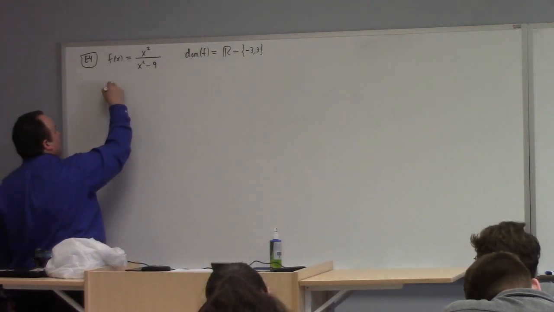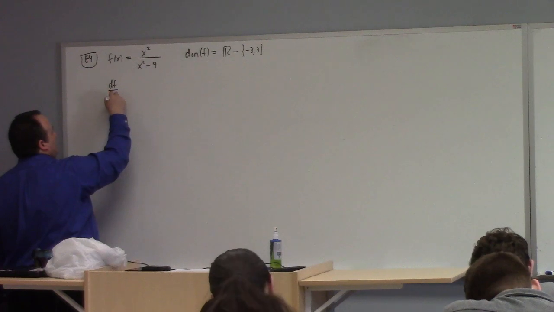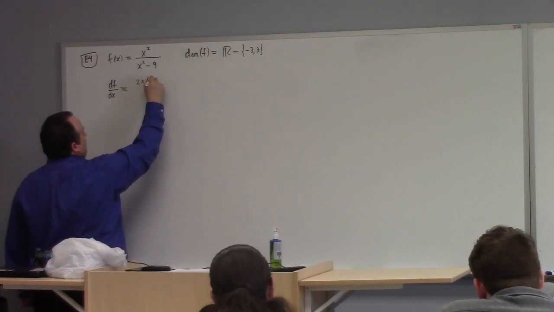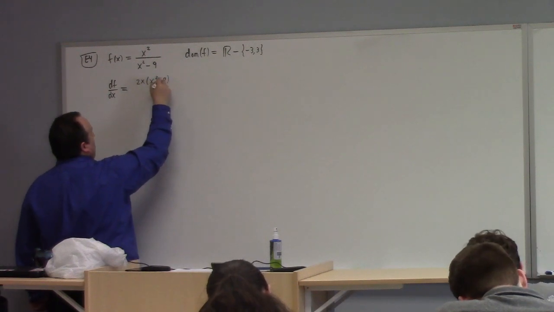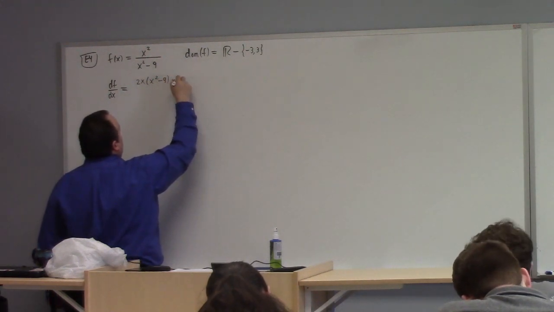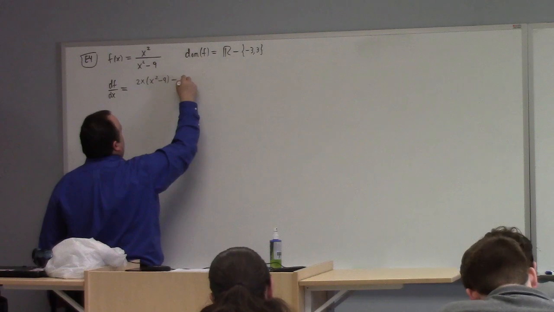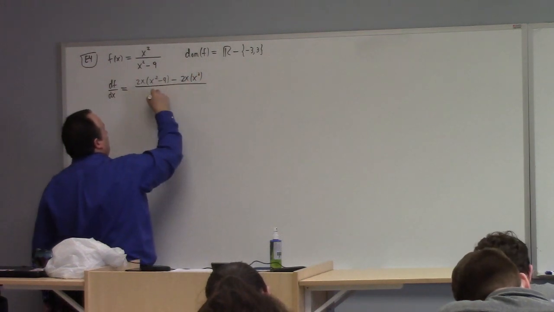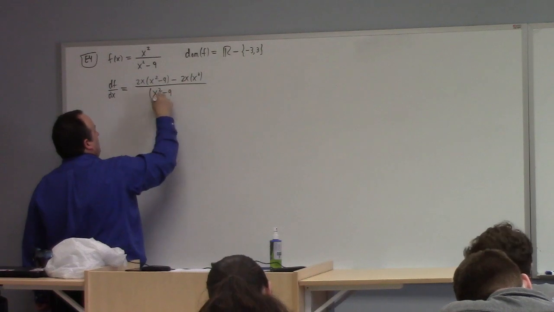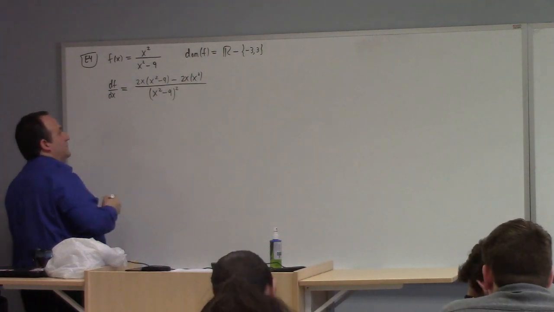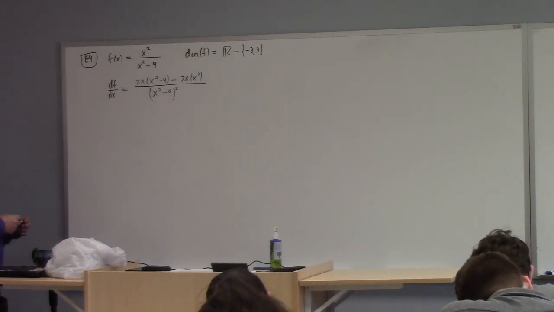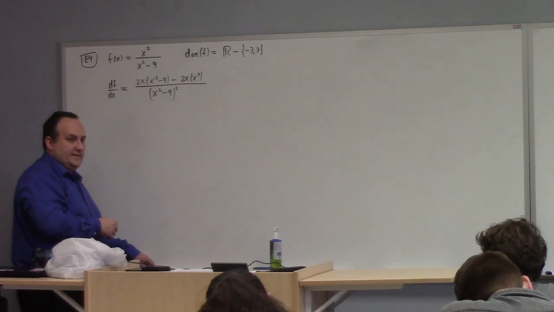Of course, those are vertical asymptotes. So what's df dx? Here df dx would be 2x times x squared minus 9 minus 2x times x squared, divided by x squared minus 9 squared, by the quotient rule. Oh, that's nice, because you see what happened there?